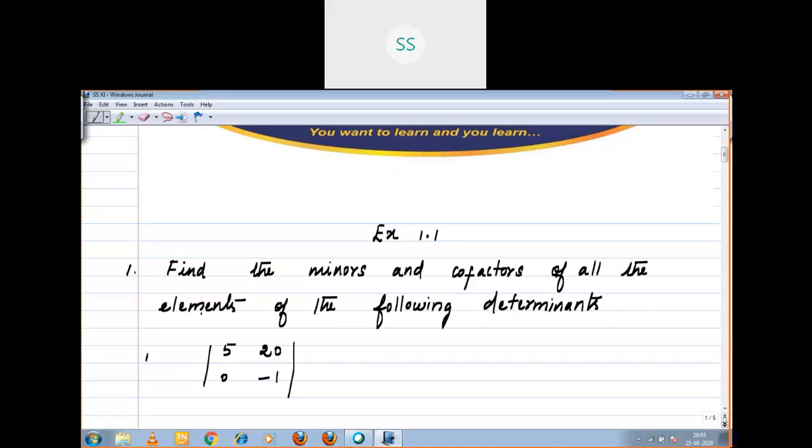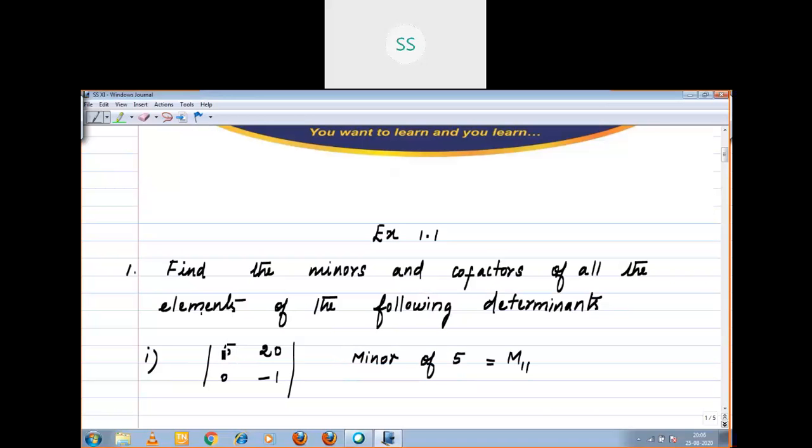Listen carefully children. Minor should be represented by Mij. Now I am going to write minor of 5. 5 is located in the first row, first column. That means M11.